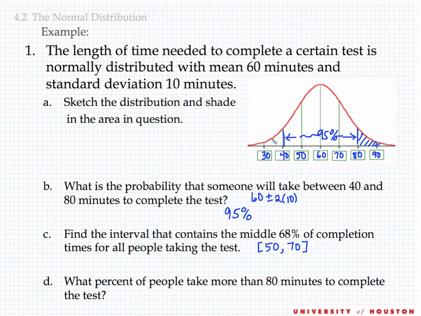That leaves 5% total for these 2 shaded tails together. So we would take 5% and divide by 2, and that would give me 0.025 or 2.5% remaining for this tail right here.